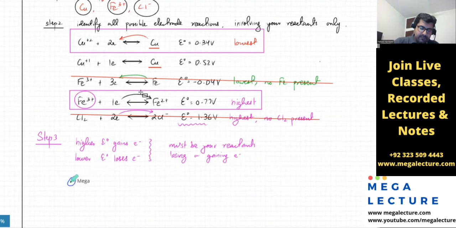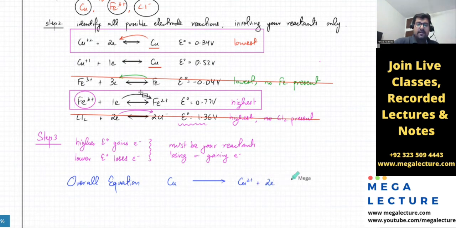So the overall equation will be, what will the overall equation be? That's the copper equation. You get the lowest one, copper, and copper is turning to copper 2+ plus 2 electrons.